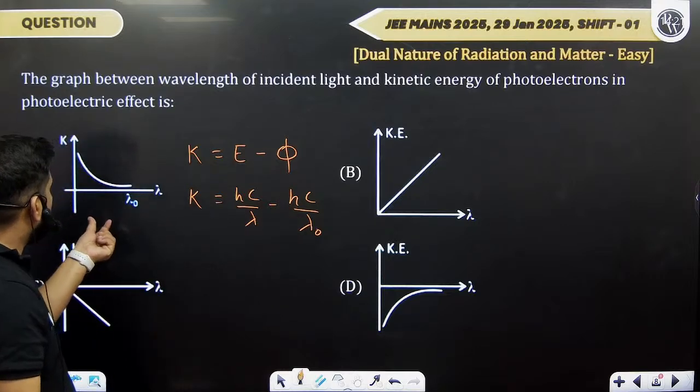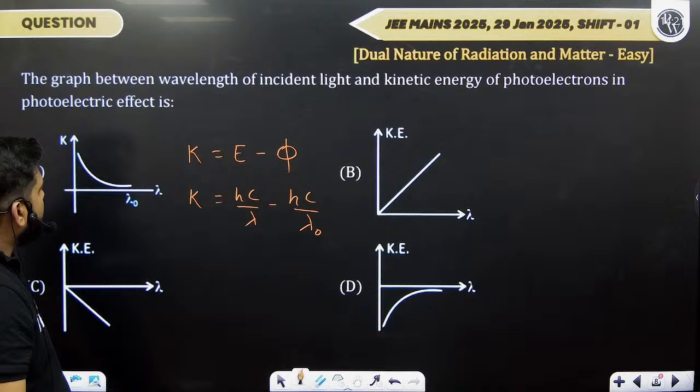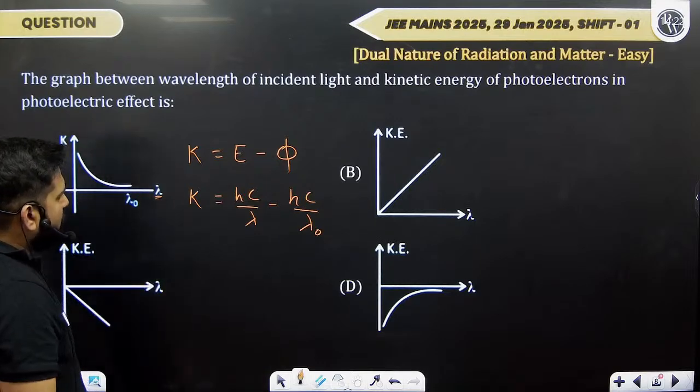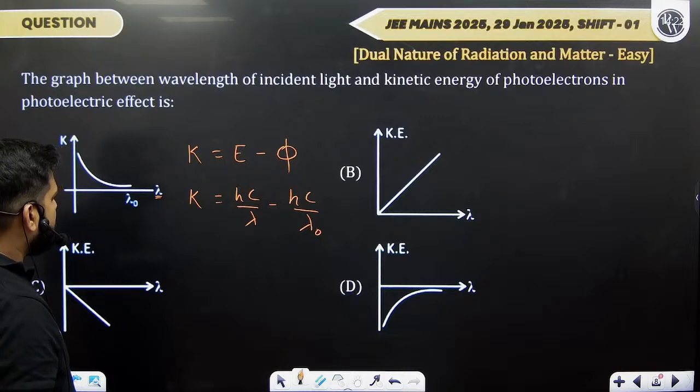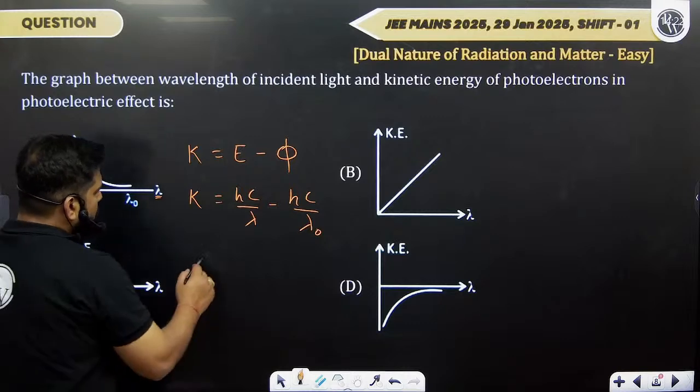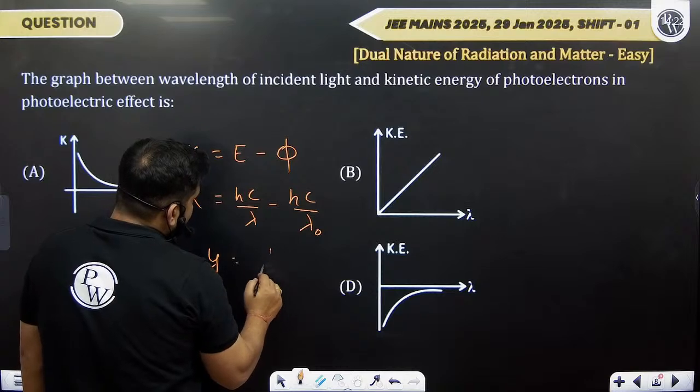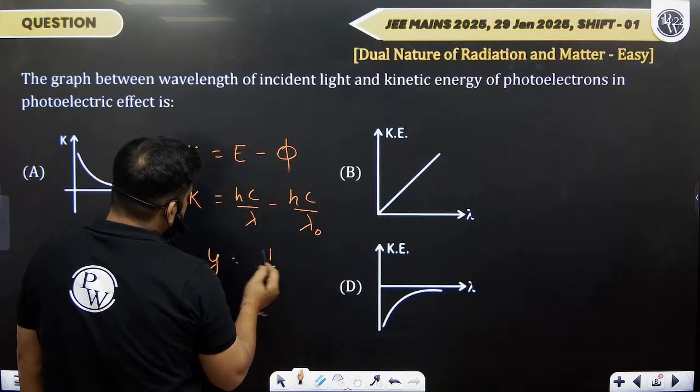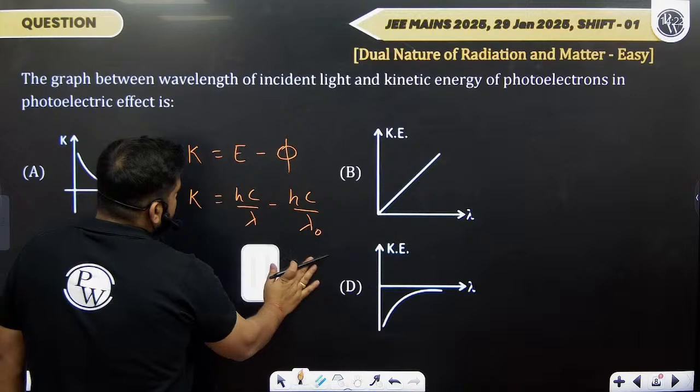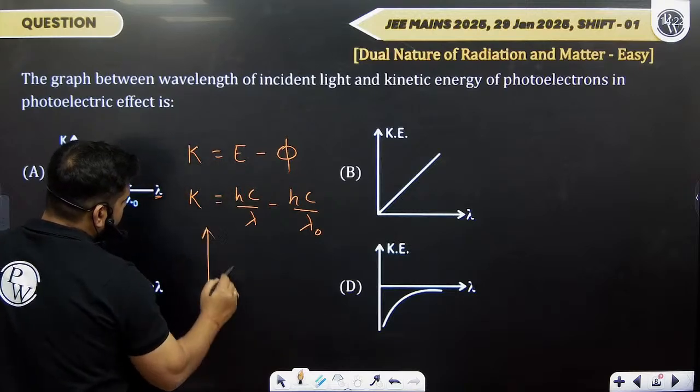I have to draw a graph of K and lambda. Correct? K and lambda. So it is obviously a y is equal to 1 by x type of graph with a minus sign, of course. So this is how the graph should look.